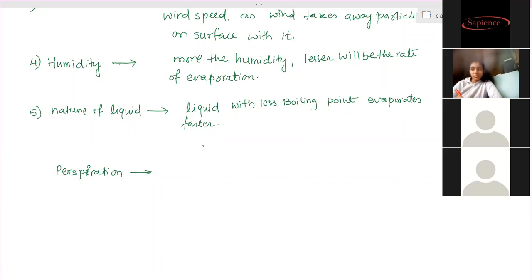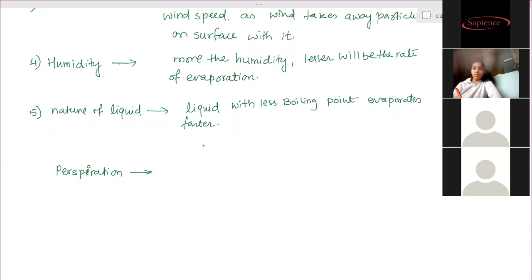So the particles have lost energy, therefore they get cooled down and hence the body cools down.